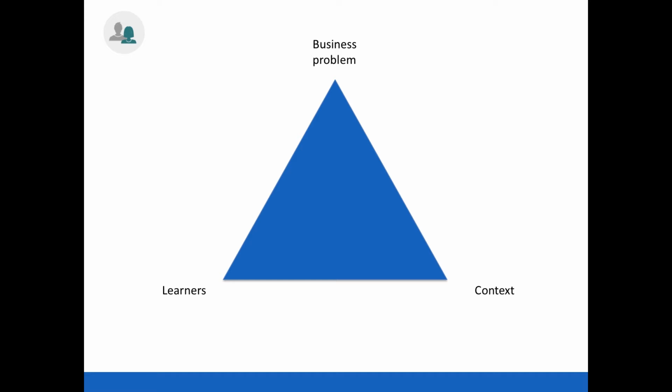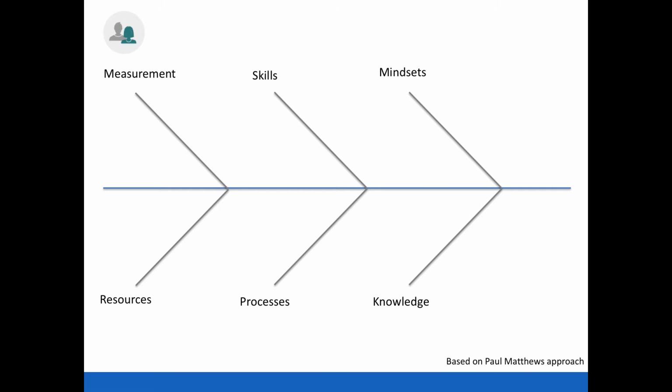One of those tools that I think is really powerful, and we've found to be really powerful, is the fishbone diagram, to be able to really look at and work with that sense of the context as well as the business problem, and to some extent the learners. This is a version of Paul Matthews' fishbone diagram.